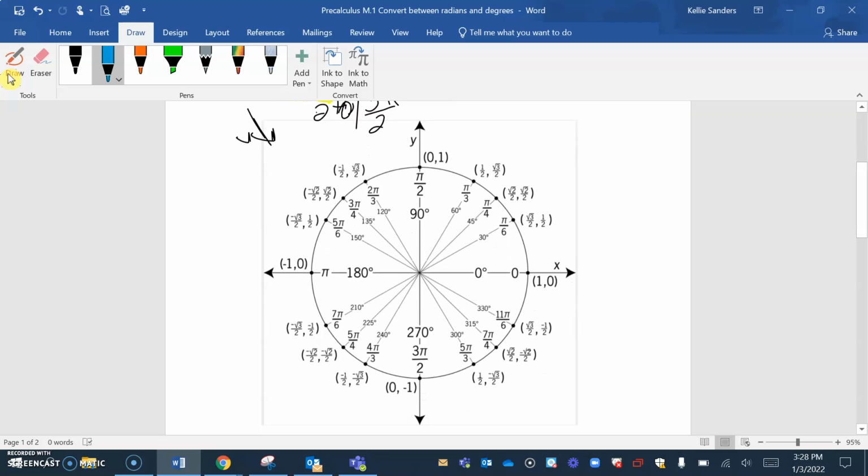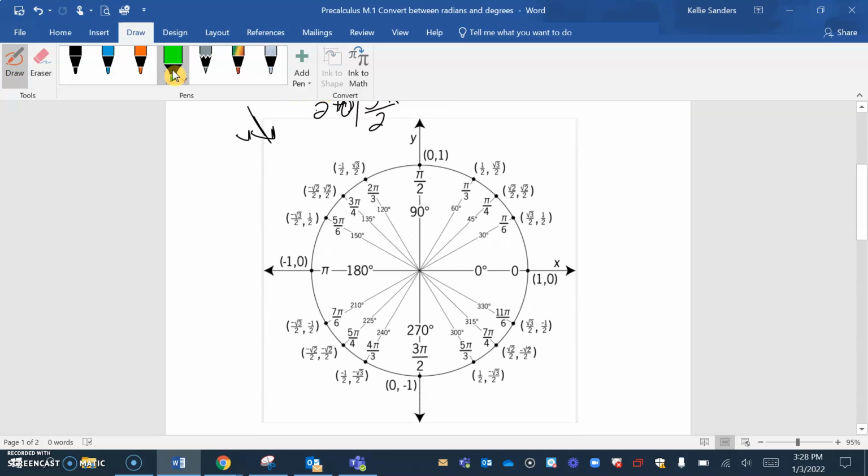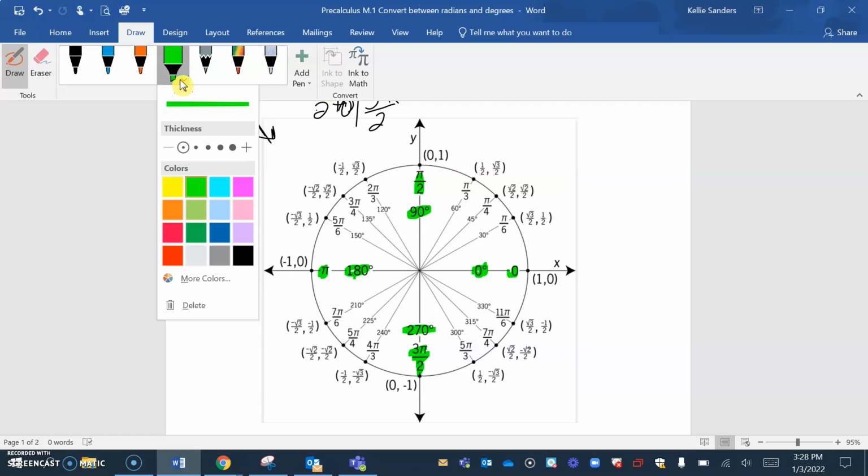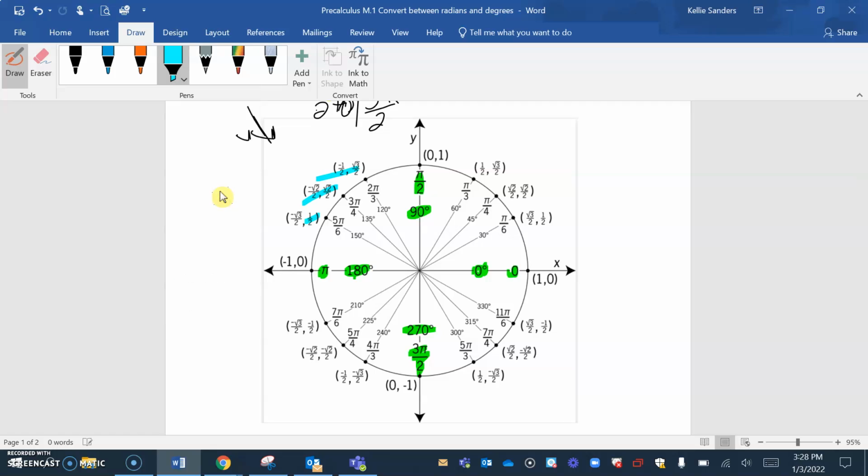So if we come down here, we have 0 degrees and 0 radians, 90 degrees and pi over 2 radians, 180 degrees and pi radians, 270 degrees and 3 pi over 2. You are not going to be needing this information for now, so don't worry about what those coordinates are.